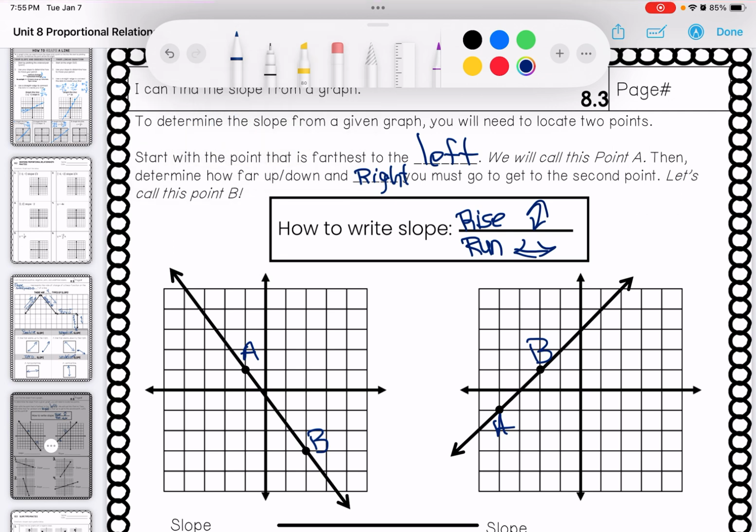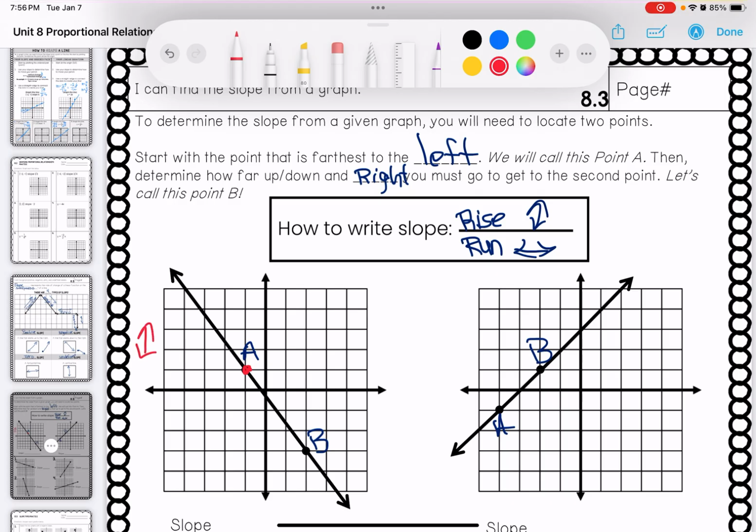So let me go ahead and change some colors. Here's point A, and I'm trying to get to point B. So how many times am I going to go up or down? First thing, from point A, I got to go up or down.